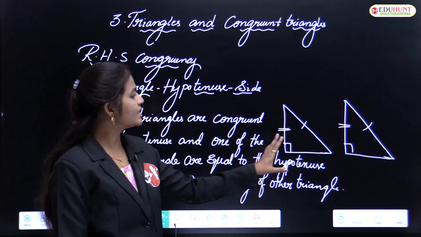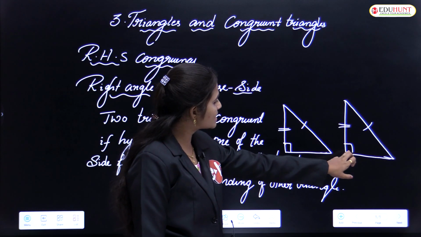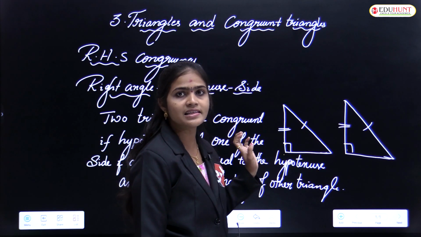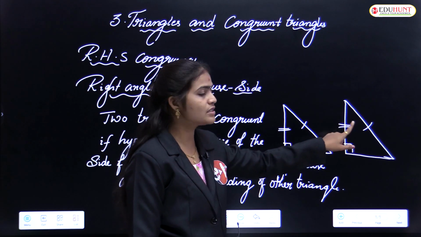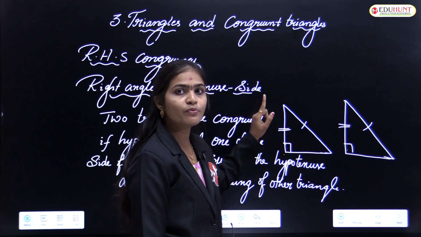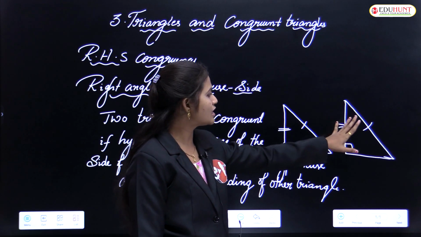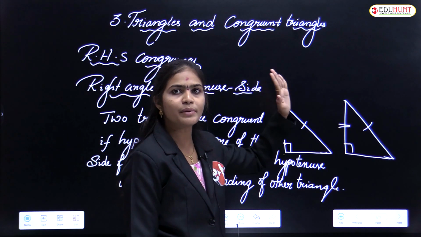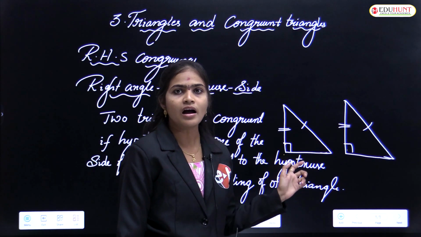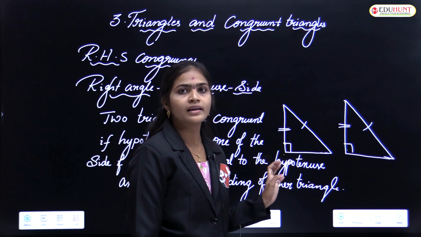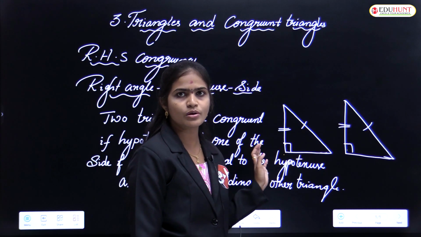So here two triangles are congruent. By seeing only we can say that the 90 degrees and 90 degrees angles are equal, so right angles are equal, and the hypotenuse must be equal, as well as one of the sides, its corresponding side. If these are equal, then the remaining angles as well as the other side are also automatically corresponding and equal.